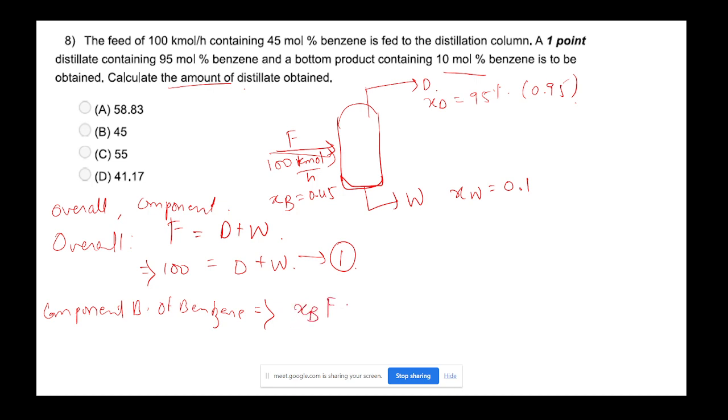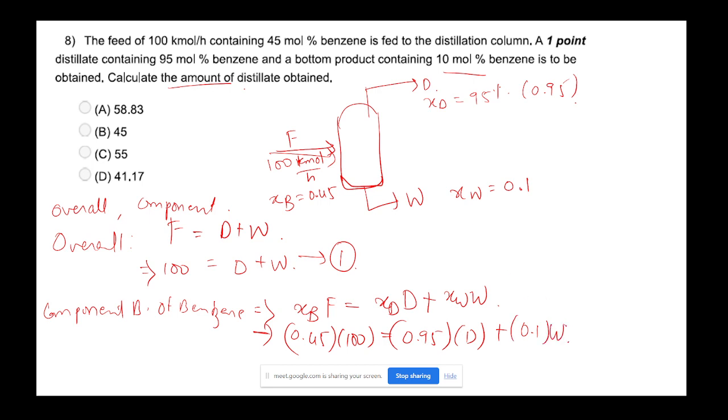XB into F equals whatever amount is present in the distillate, which is XD into D, plus XW into W, the mole fraction in W. So if I put in the values, XB is 0.45 into F is 100, equals XD is 0.95 into D plus XW is 0.1 into W, which we don't know. Let's say this is equation number 2.